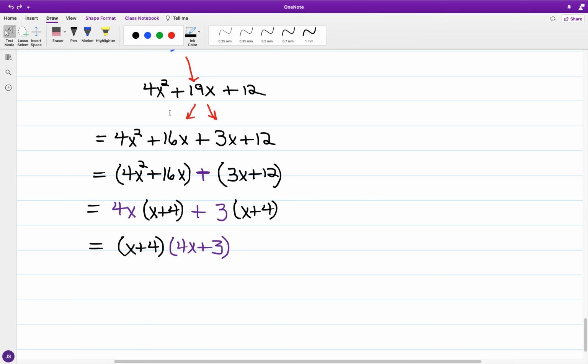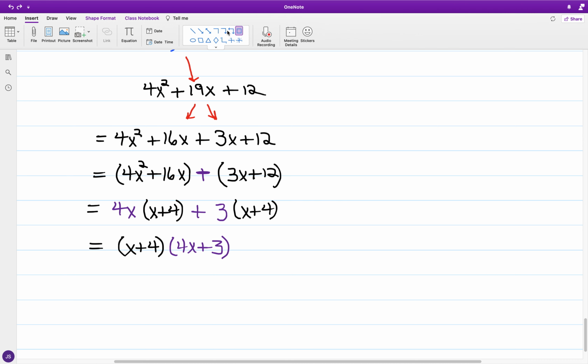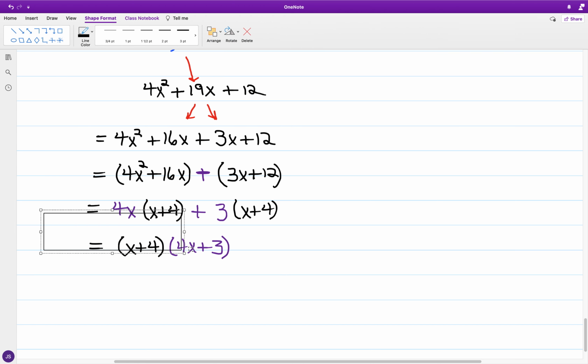So for 4x squared plus 19x plus 12, this will come out, once again, to the quantity x plus 4 times 4x plus 3.